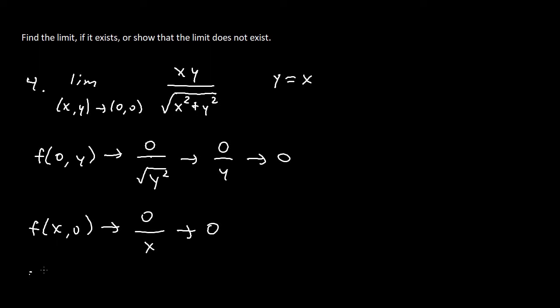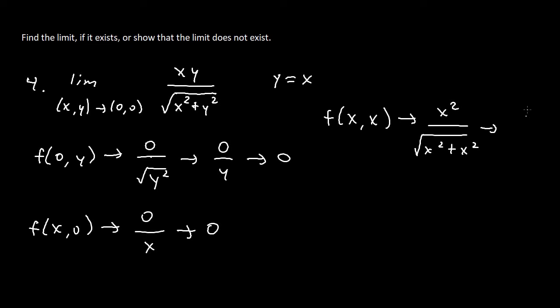So we're going to evaluate f of x comma x, because we made the x substitution for y. When we do that, we'll get x squared on the numerator over the square root of x squared plus x squared.